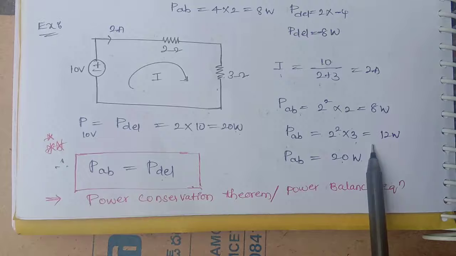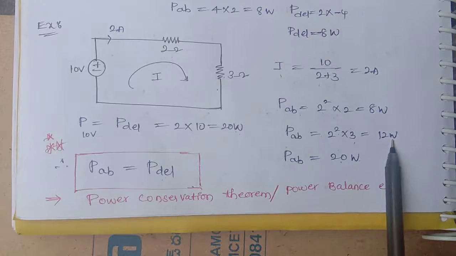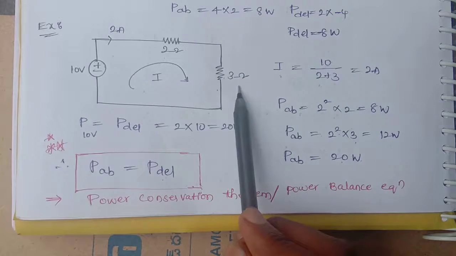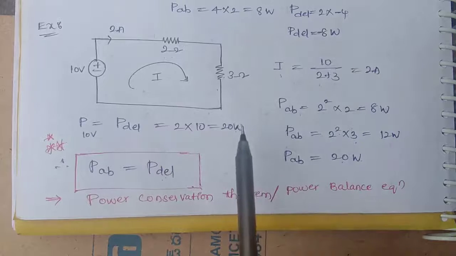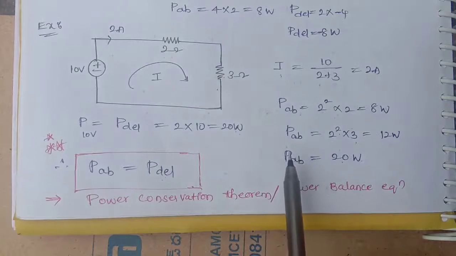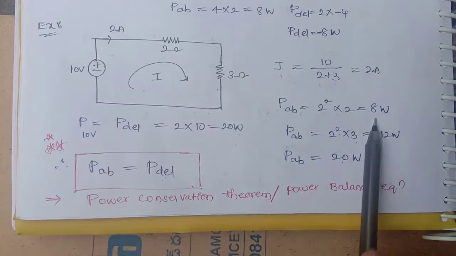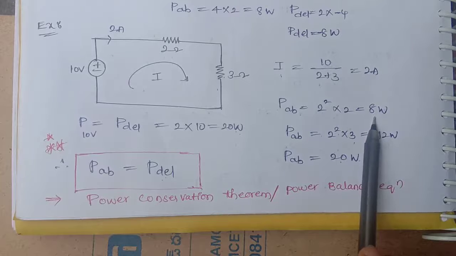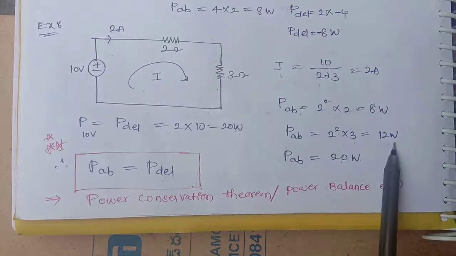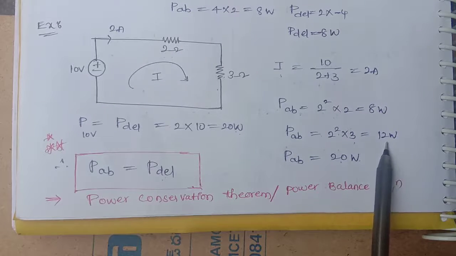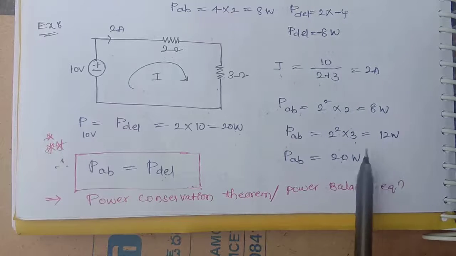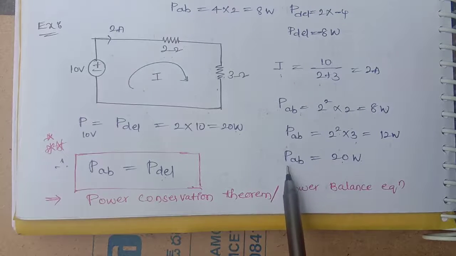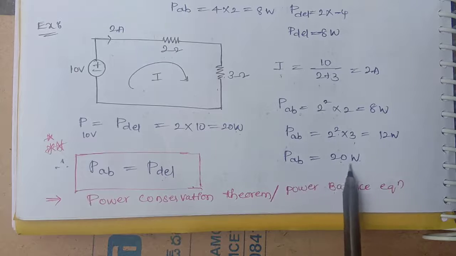We get 12 watts of power absorbed by this 3 ohm resistor. To find the total absorbed power, we add the power absorbed by the 2 ohm resistor and the power absorbed by the 3 ohm resistor. So the total absorbed power will become 20 watts.